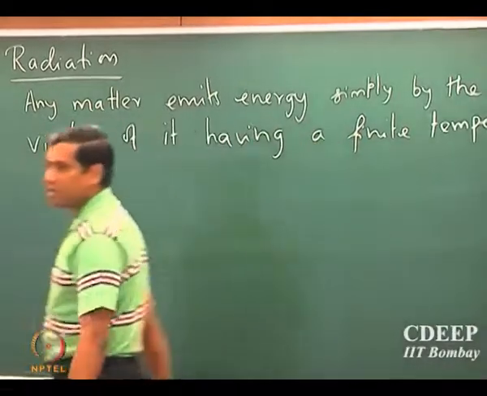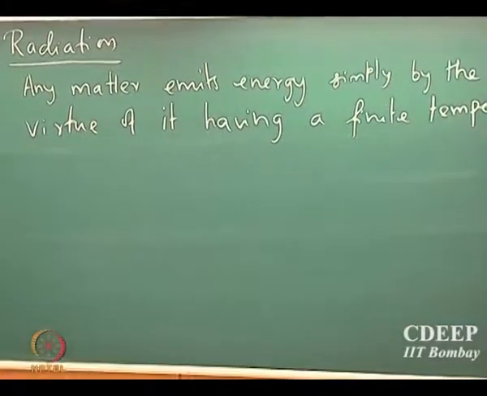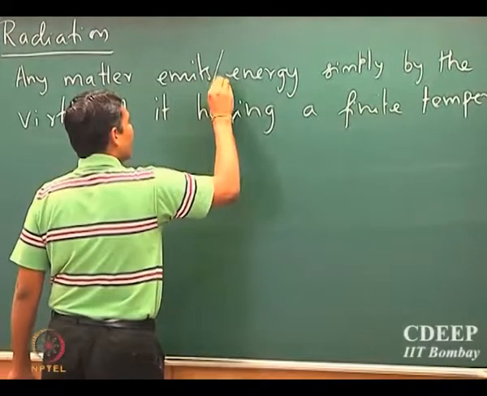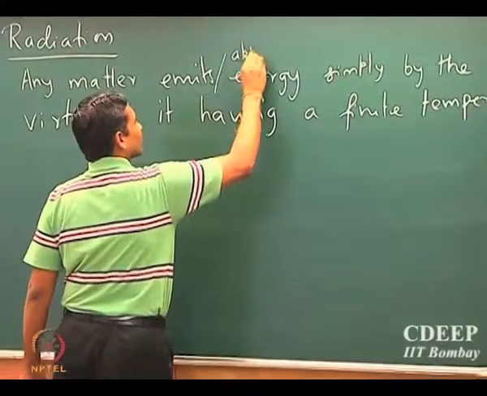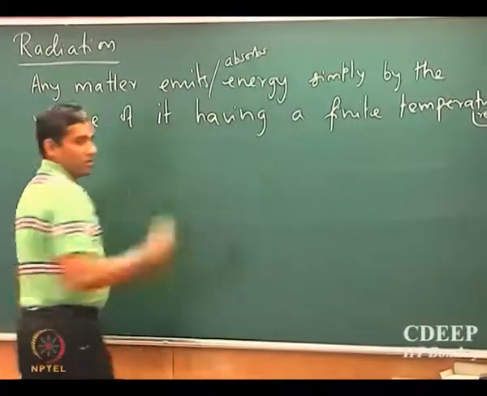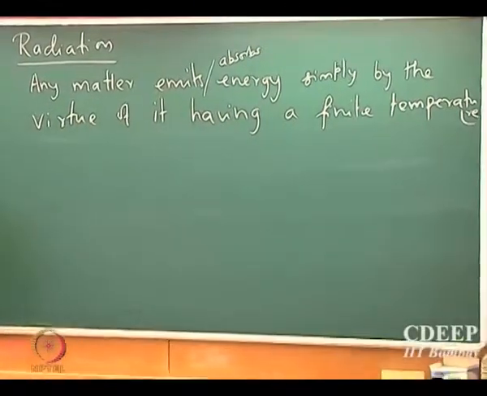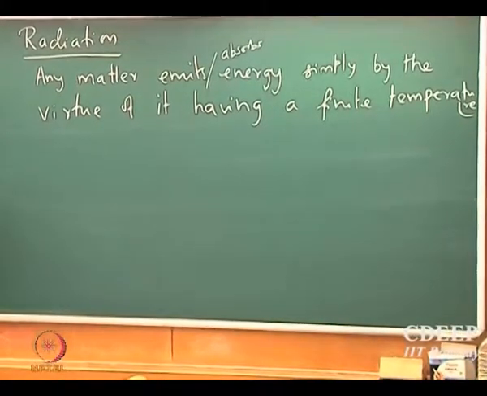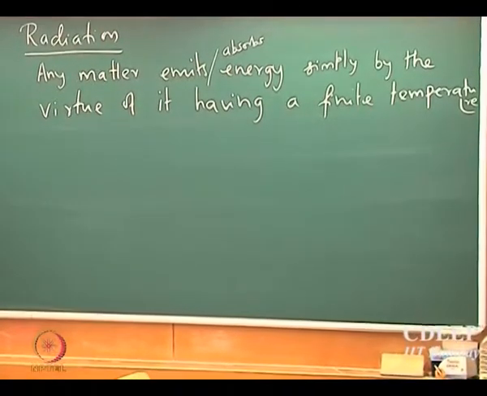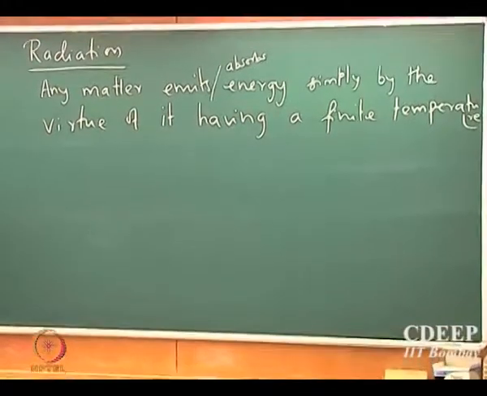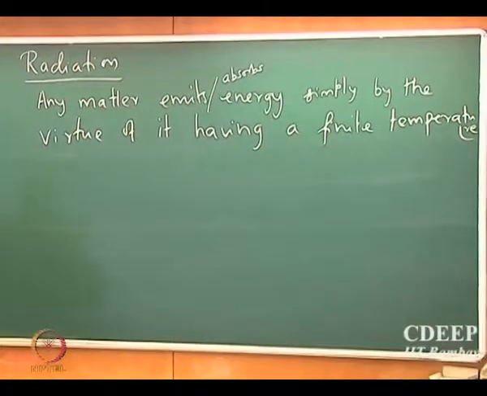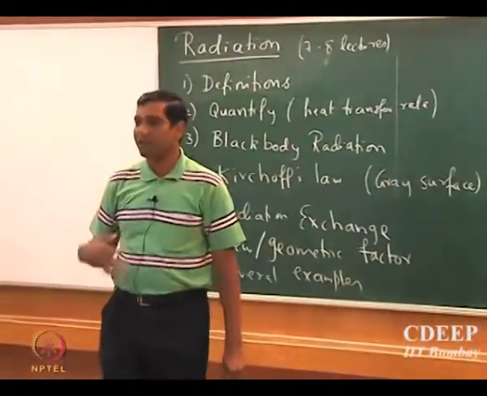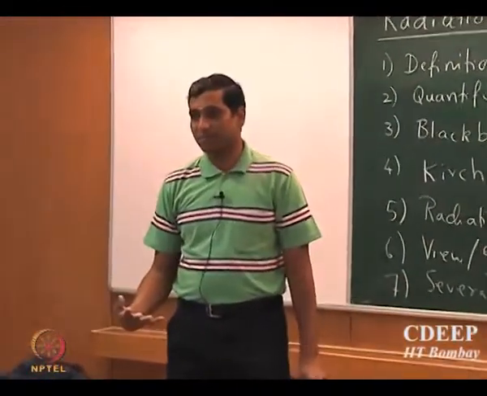So, this is the most general definition. Any matter, in fact, we can even qualify it better by saying emits/absorbs, etc. We will worry about transmission later. So, in general, it emits/absorbs energy simply by virtue of it having a finite temperature. Okay. The fact that it has a certain temperature, it has certain energy stored in it, and therefore, it is exchanging radiation.